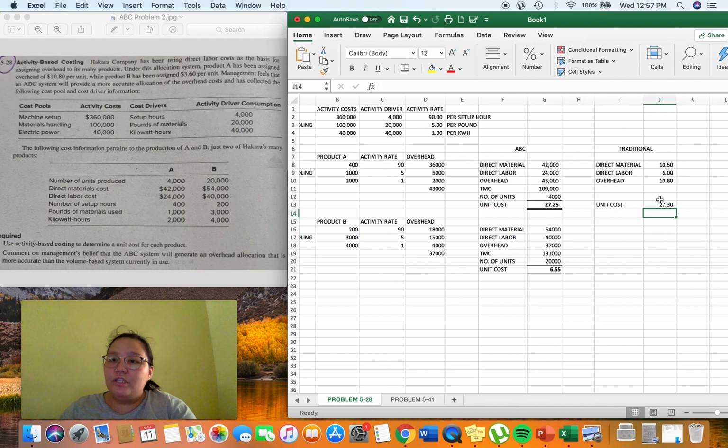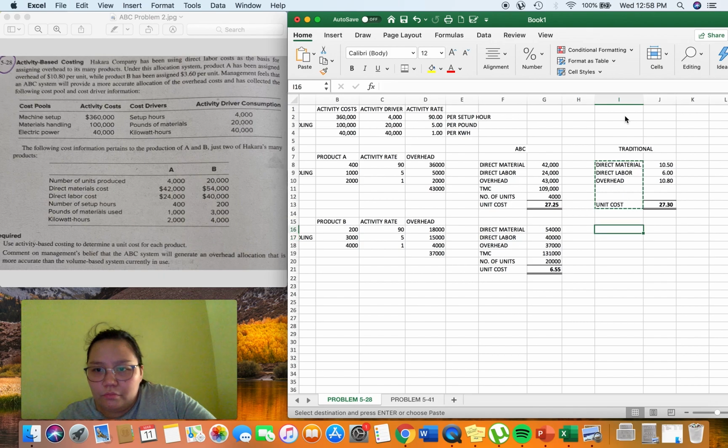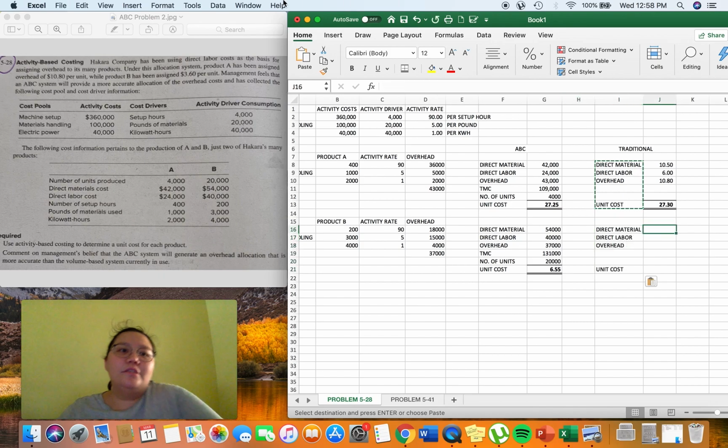Okay, so we'll comment on this later on. So we'll compute for the unit cost of product B under the traditional costing as well. So same process, since again, we are given a per unit overhead cost, we will just convert the total material cost and direct labor cost into a per unit cost as well.